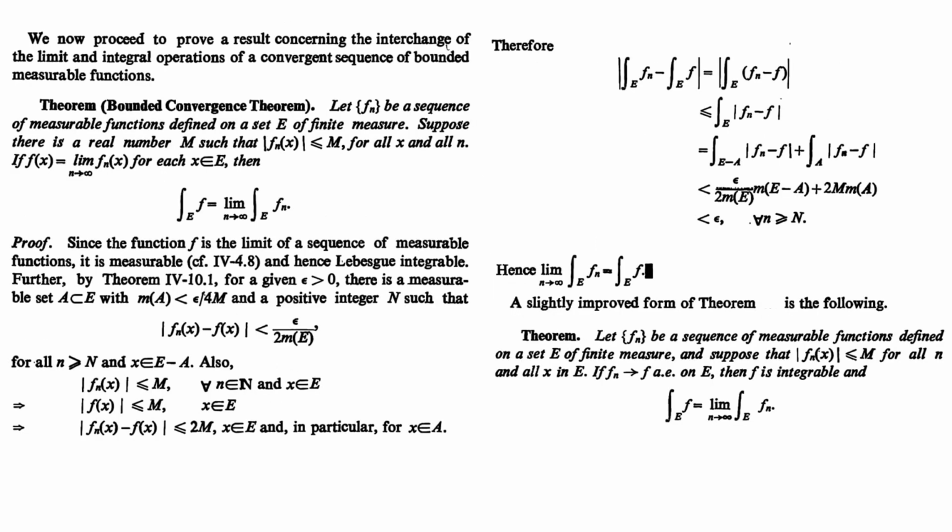The next theorem, this is a very important result which tells us how we can interchange the limit and integral operation. This is the bounded convergence theorem. This says that let fn be a sequence of measurable functions defined on a set E of finite measure.